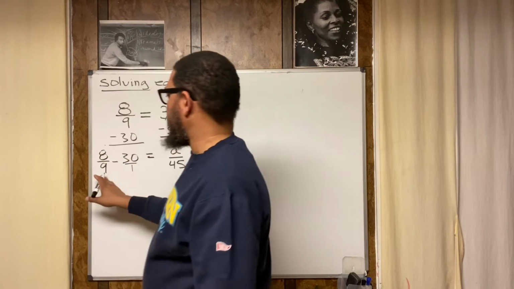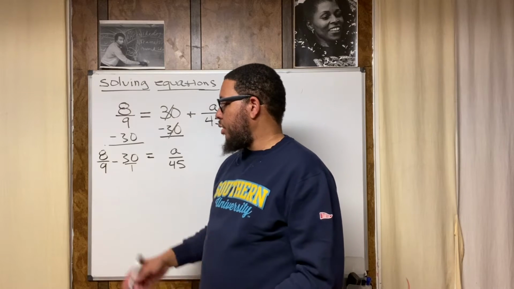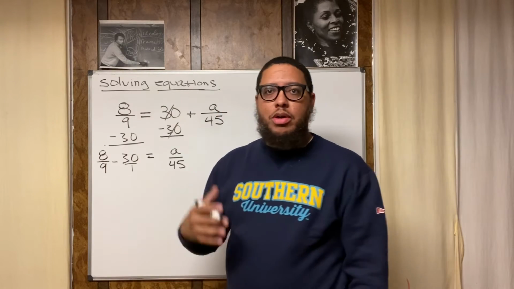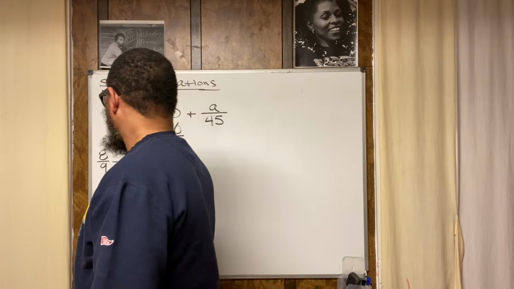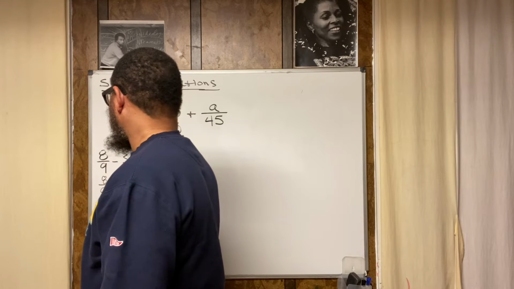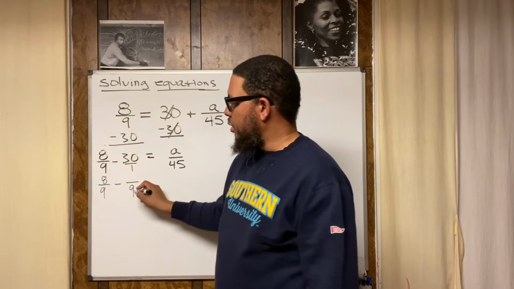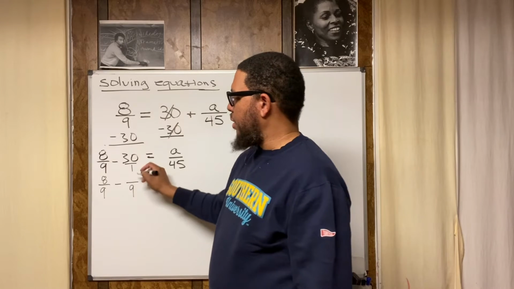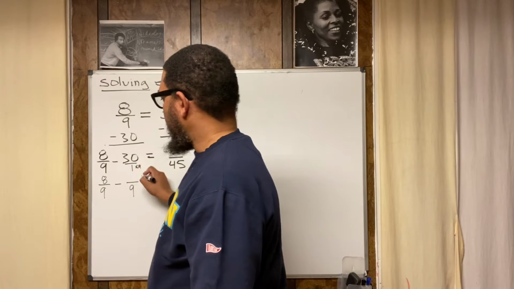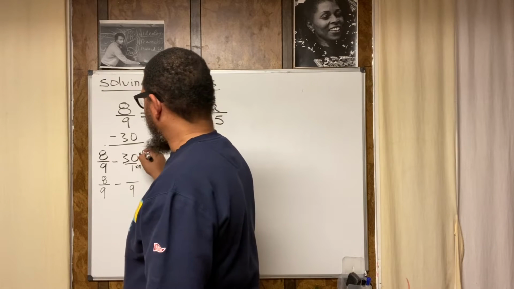So the LCD between 9 and 1 is 9, because 9 is the smallest number that 9 and 1 can both multiply into. So I'm going to rewrite this as 8/9, but I need another numerator, because this 1 turns into a 9 by multiplying it by 9. So if I multiplied 1 by 9, I got to also multiply the 30 by 9.